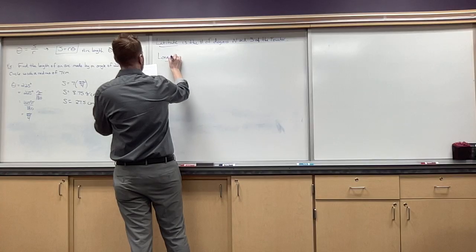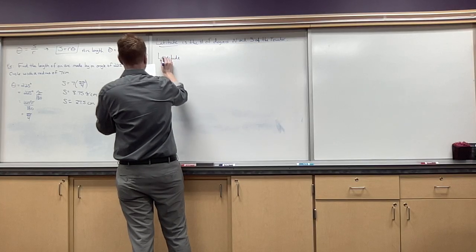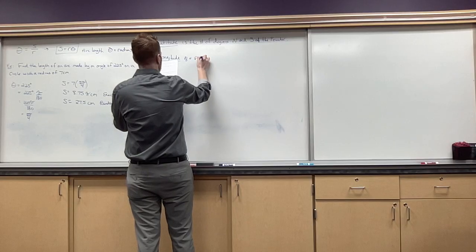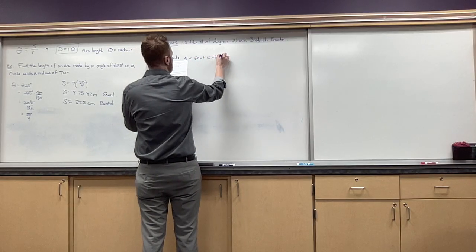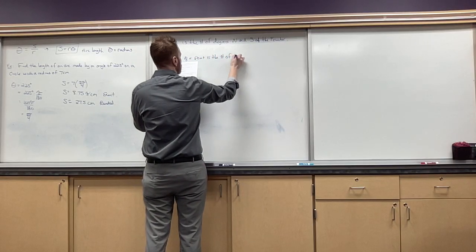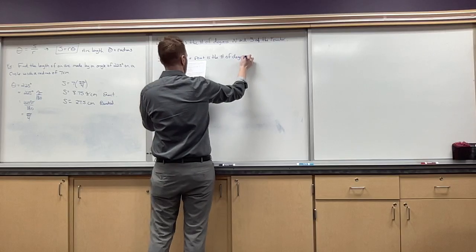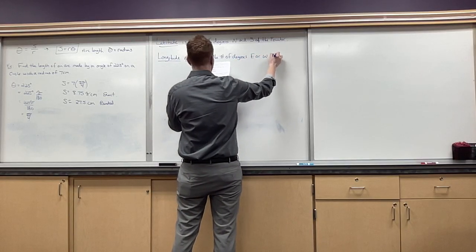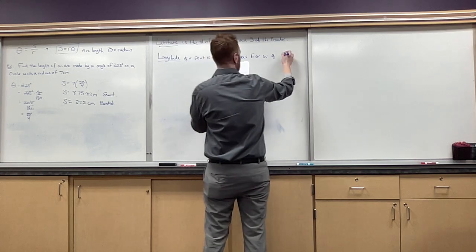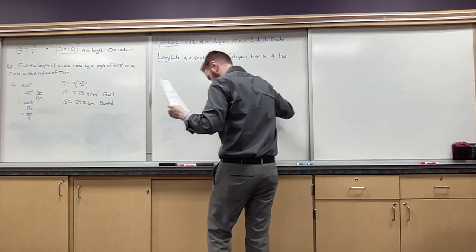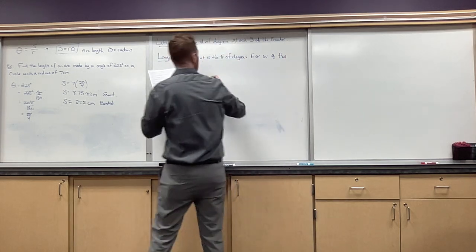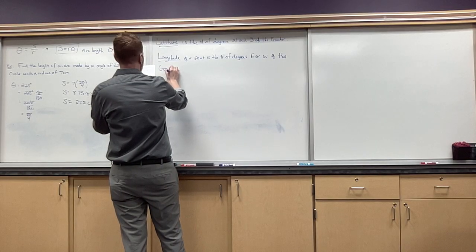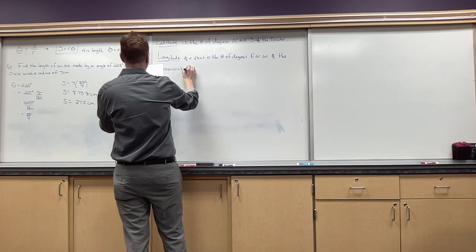Longitude of a point is the number of degrees east or west of the Greenwich Meridian.